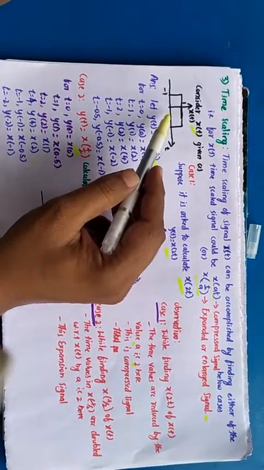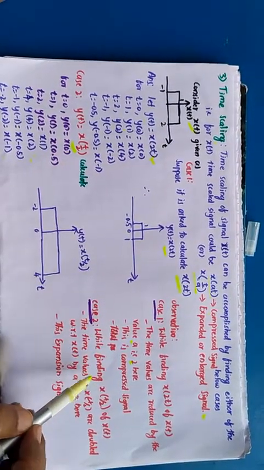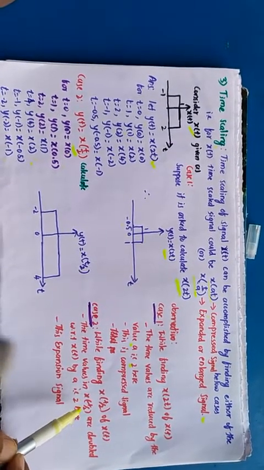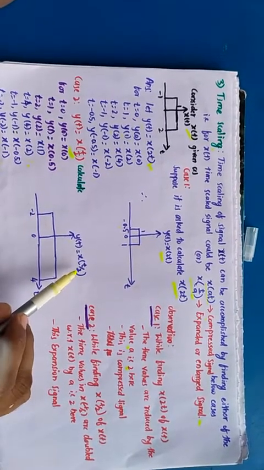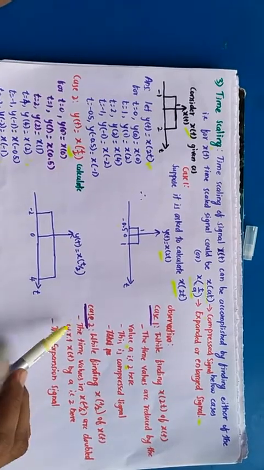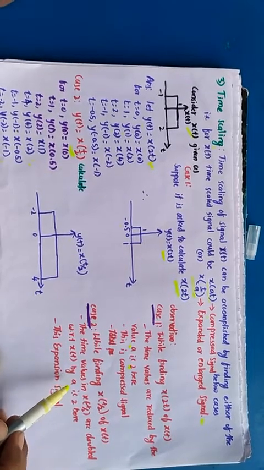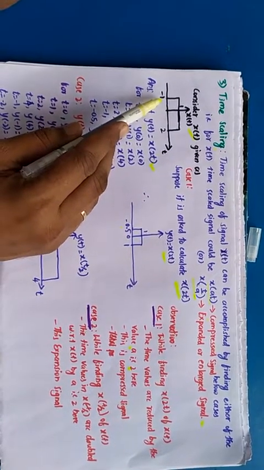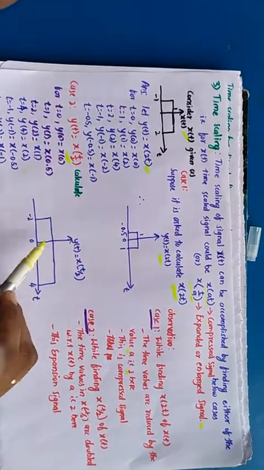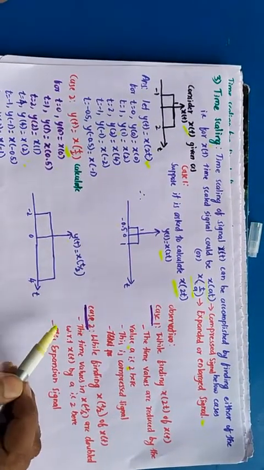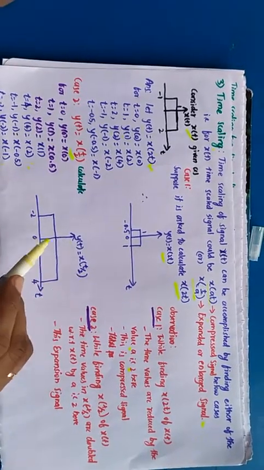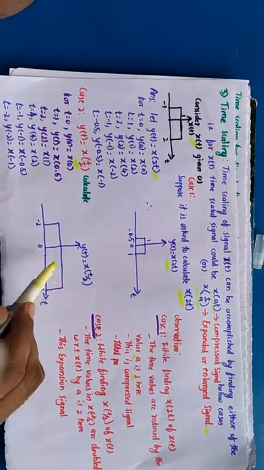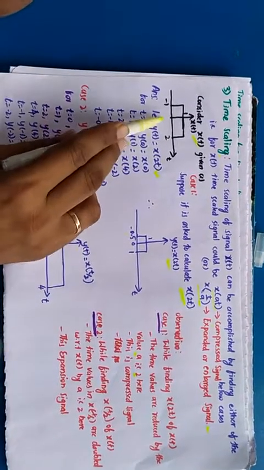What does this mean? In the case of finding x of t by 2, the time values in x of t by 2 are doubled with respect to x of t, because it is divided by 2 here, that's why it is doubled. So with respect to x of t, it is multiplied by whatever the value of a is. So -1 becomes -2, and 2 becomes 4. It has been doubled. So the y of t we have drawn, that is x of t by 2, is the expanded version of x of t.